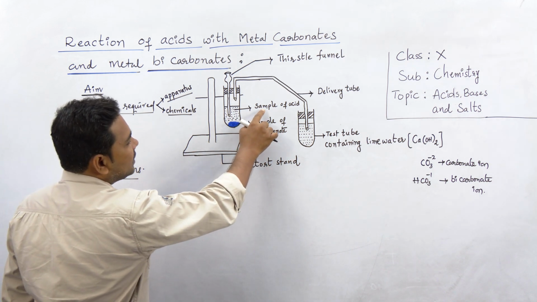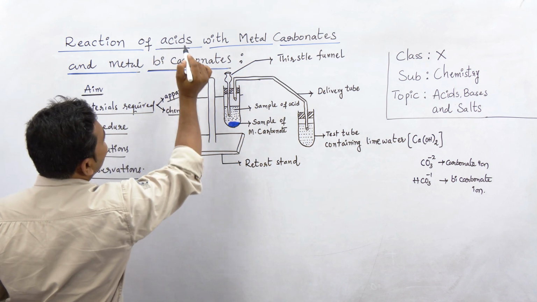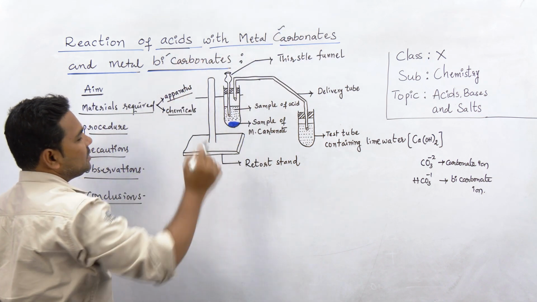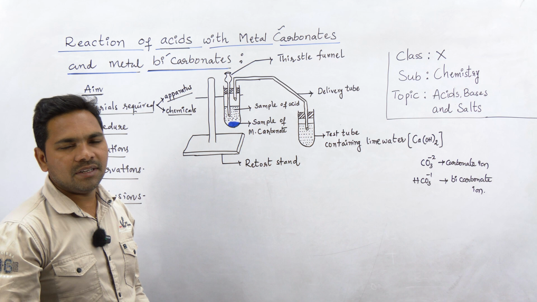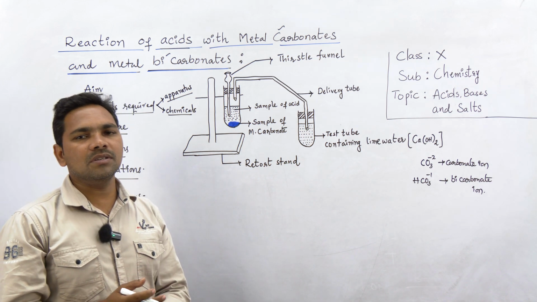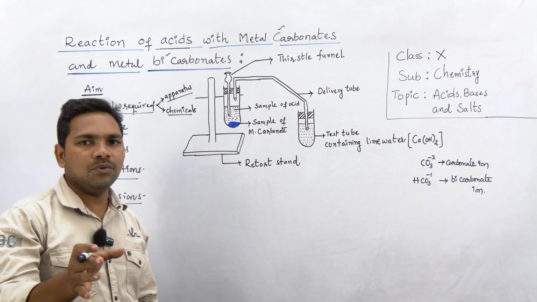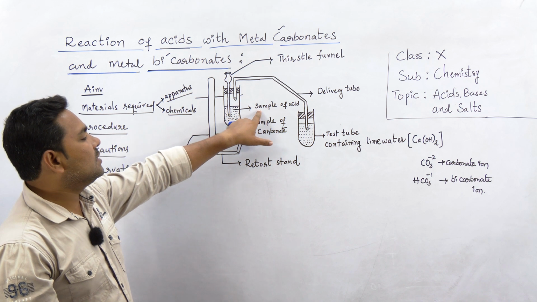One is a sample of acid. Our aim is to identify the reaction of acids with metal carbonates and metal bicarbonates. So we need a sample of dilute acid, and here we have to use only mineral acids, because among mineral acids we have a few strong acids, and those strong dilute acids are used for this experiment.